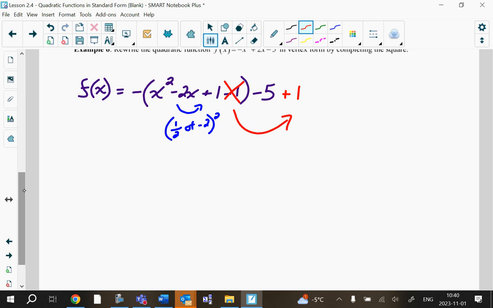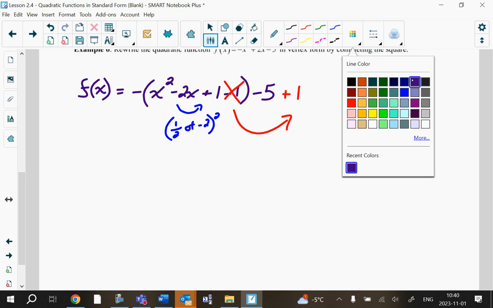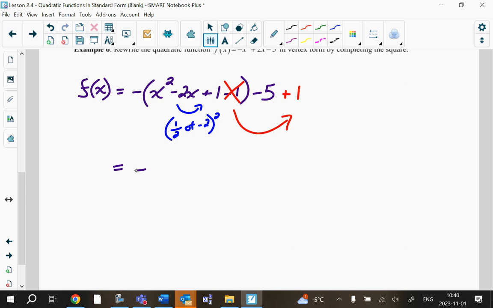So now I've bounced this out here, and I've just got this inside to factor. There's still a negative outside there, because you can see it at the beginning. That was only taking this out. There's still everything else left inside.